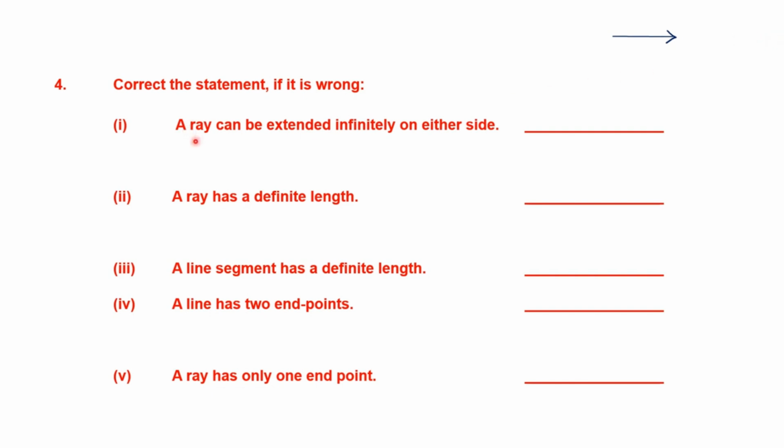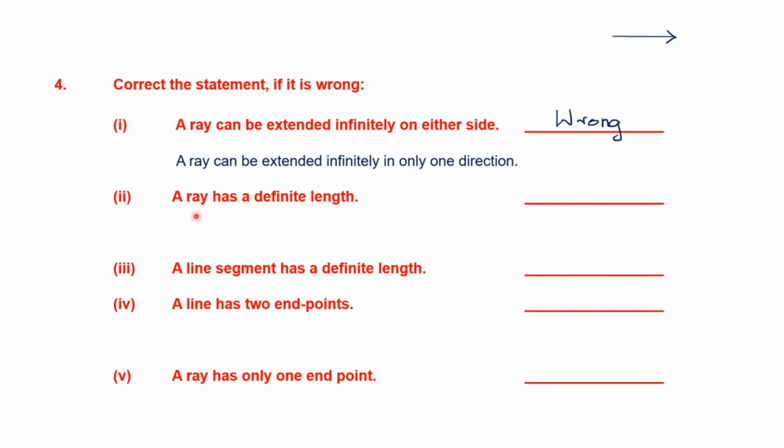Whereas the statement here is saying a ray can be extended infinitely on either side. That means on both sides, and that statement is wrong. Let's correct that statement. A ray can be extended infinitely in only one direction.